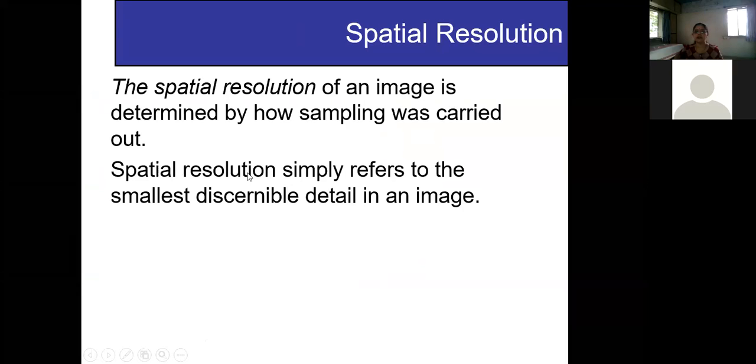So spatial resolution simply refers to the smallest discernible detail in an image, the smallest measurable change, or smallest noticeable detail in an image. And it depends on how the image is sampled.